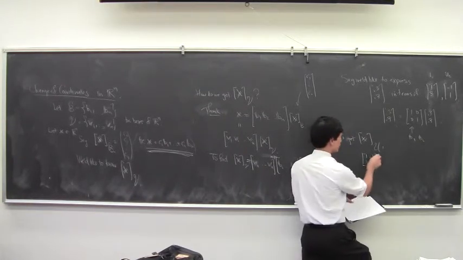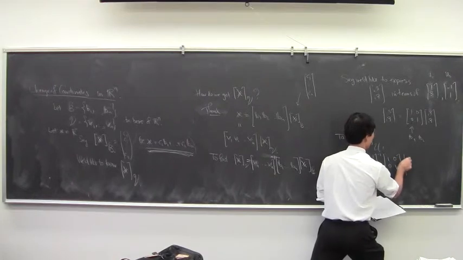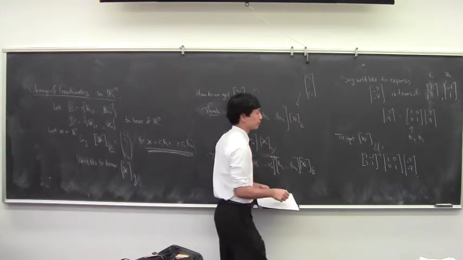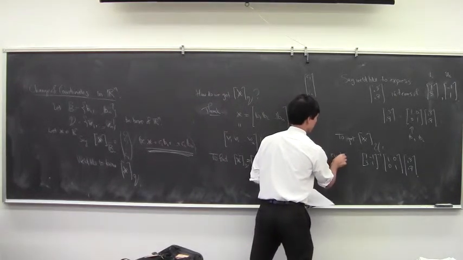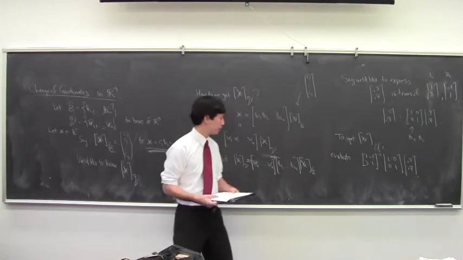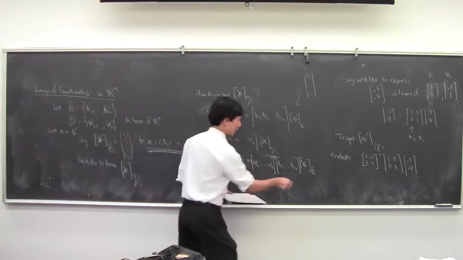We put them in a matrix. We invert that matrix, multiply by 1, 0, 0, 1, and 0.3.7. So that's this thing here.